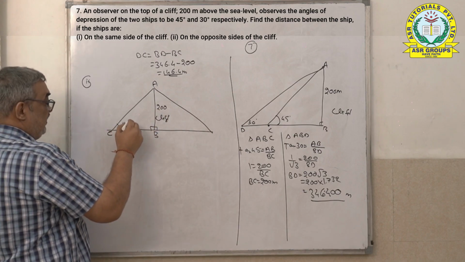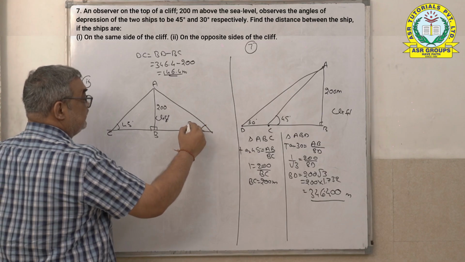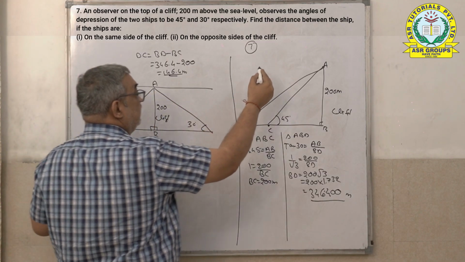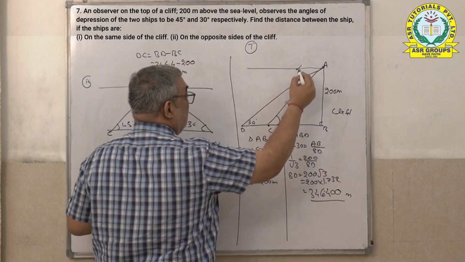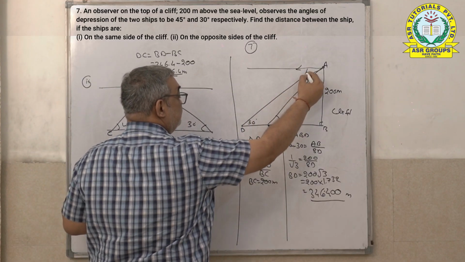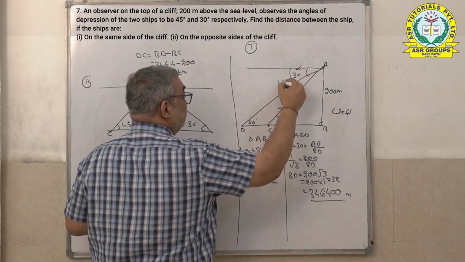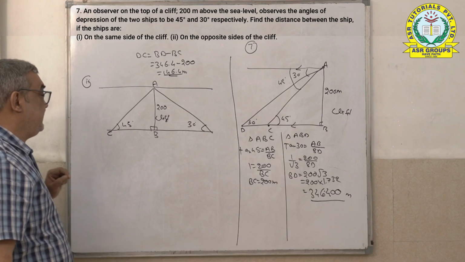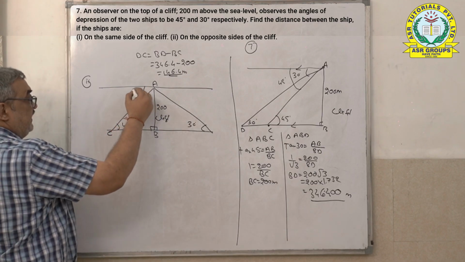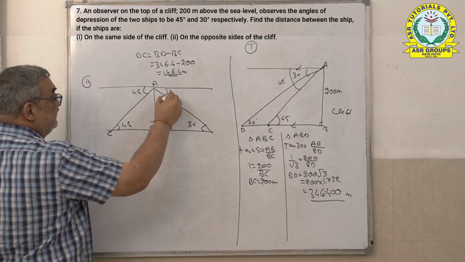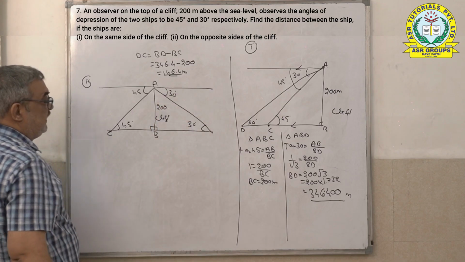This is 45 degree and this is 30. You have to show this step because of the angle of depression. Same way, if this is 45, this also 45. This is 30, this also 30.